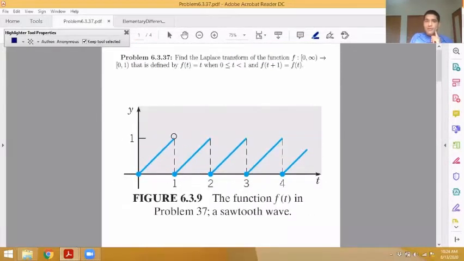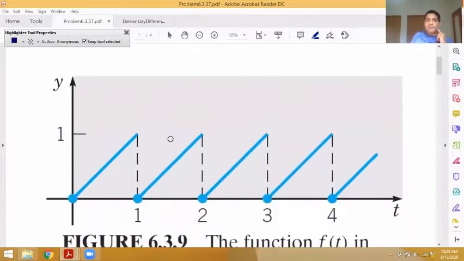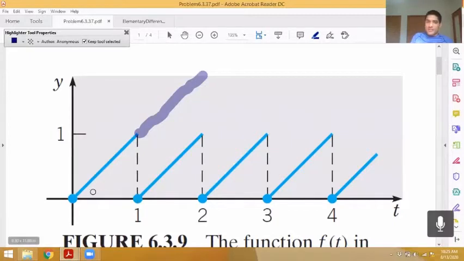If we go back here, we see that this is just the function f of t equals t, right? Instead of f of t equals t from 0 to 1, I'm just extending it to go from 0 to 2.